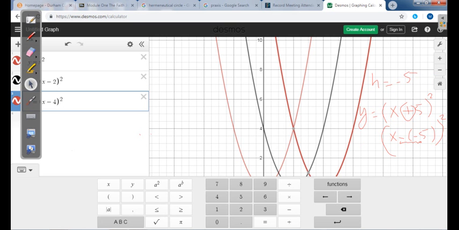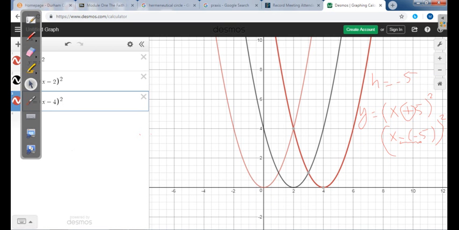Okay? So can you guys tell me what the vertex is? x equals... 4, 0, right? And for this one, 2, 0.